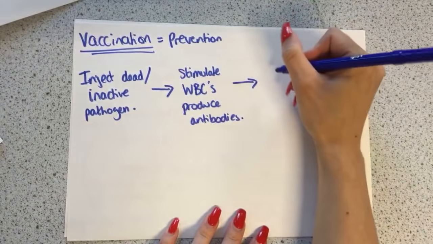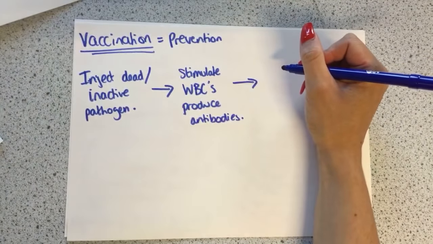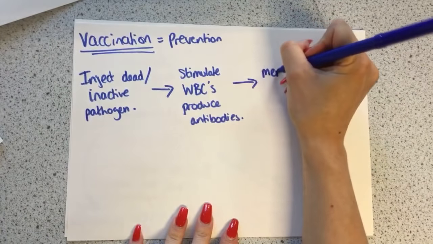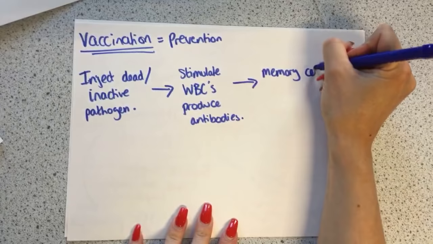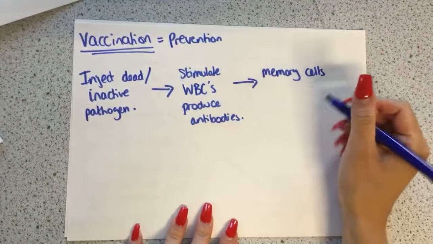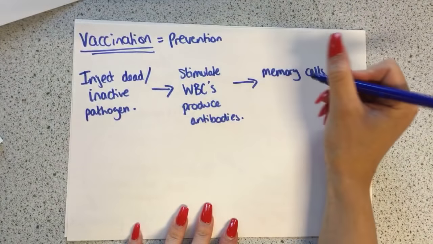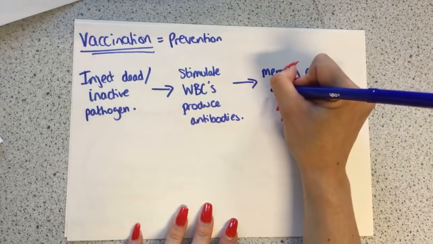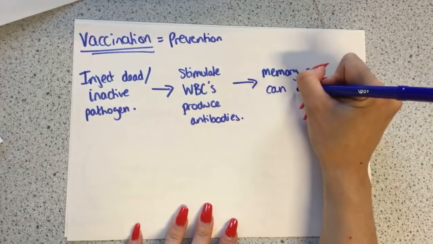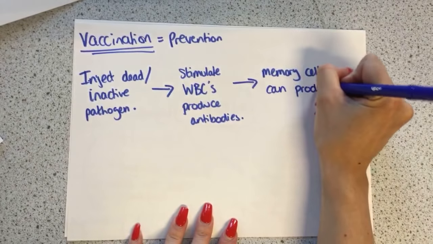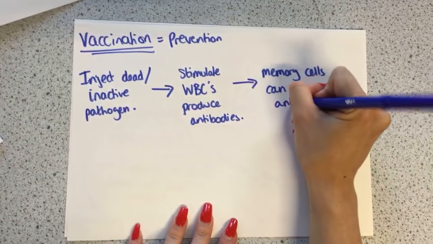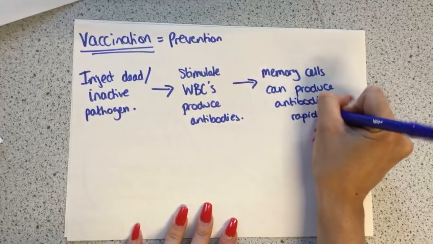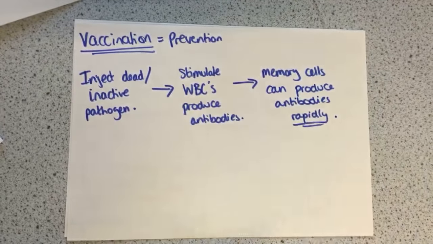And then if you are reinfected, so if you get that pathogen in the future, your body has memory cells which remember the pathogen and they can produce antibodies really quickly, or rapidly. You must use the word rapidly. So it can produce antibodies rapidly. Okay, and you must use that word.